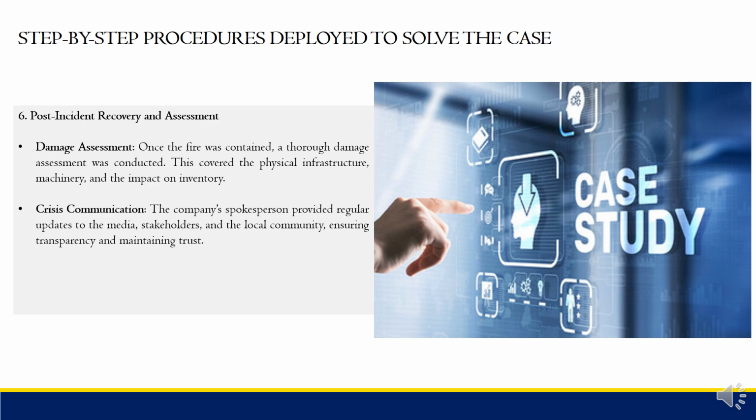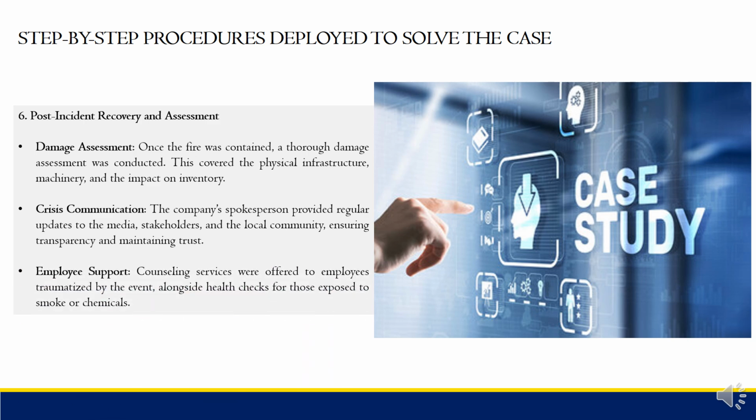The company spokesperson provided regular updates to the media, stakeholders, and the local community, ensuring transparency and maintaining trust. Employee support. Counseling services were offered to employees traumatized by the event, alongside health checks for those exposed to smoke or chemicals.